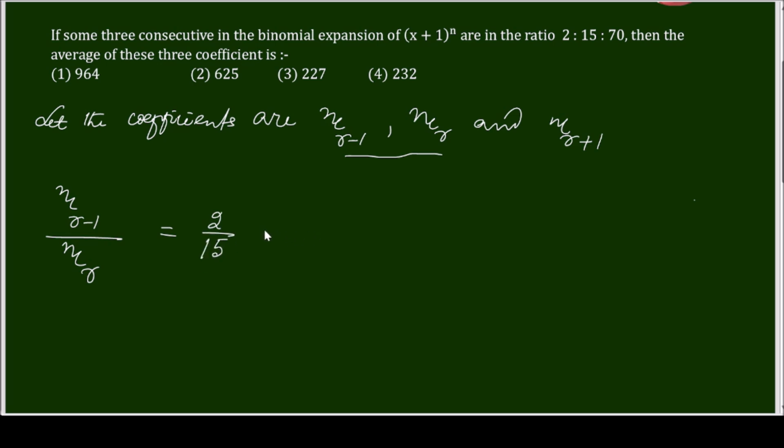Here I want to tell you a short method. In the exam, you don't have so much time to solve it. So I ask you to memorize this ratio: it gives you r over n minus r plus 1. If we simplify, this gives the value 2 over 15.